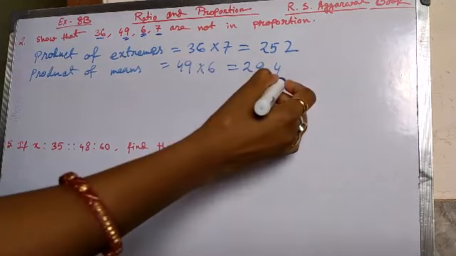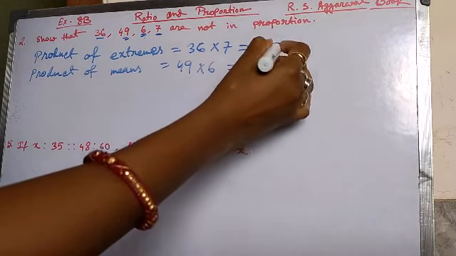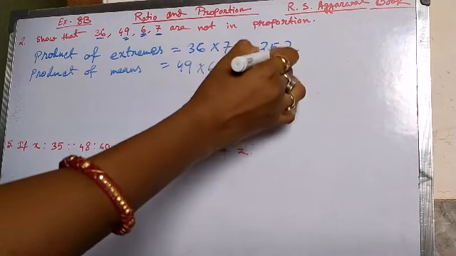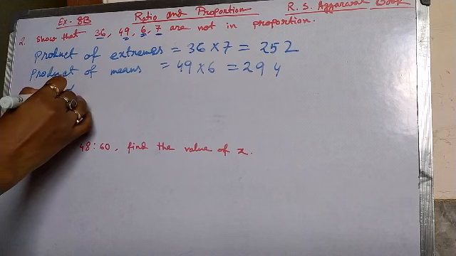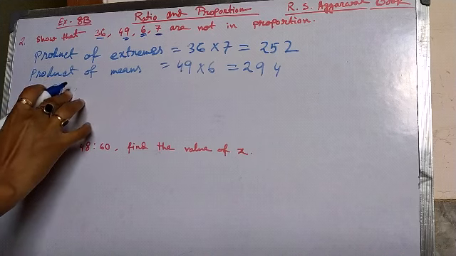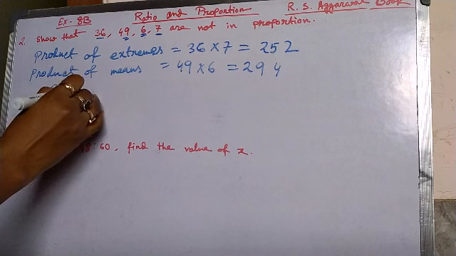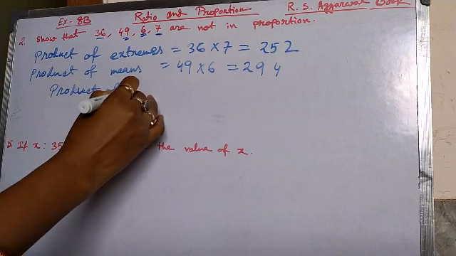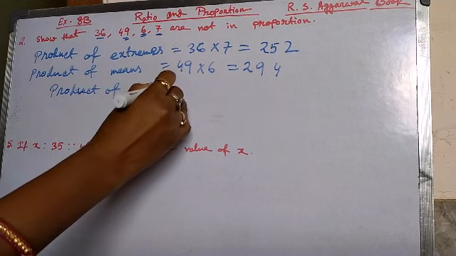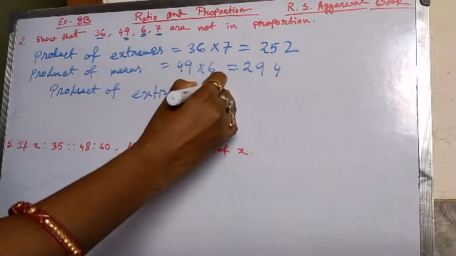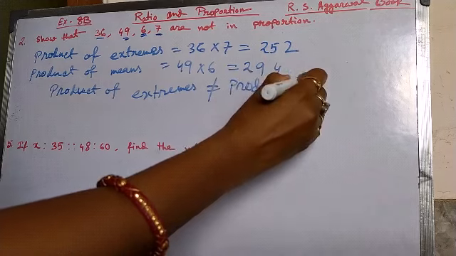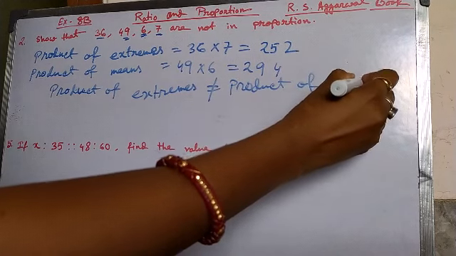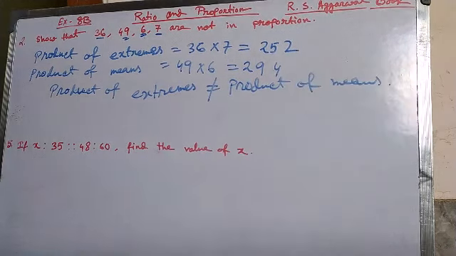So here this is 294 and this is 252. These both are different. That means we can say that here product of extremes is not equal to product of means.